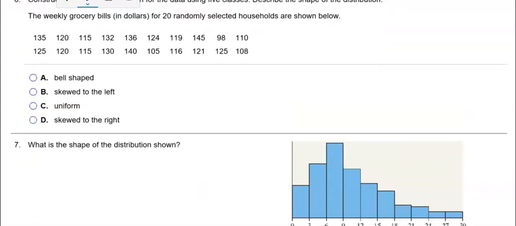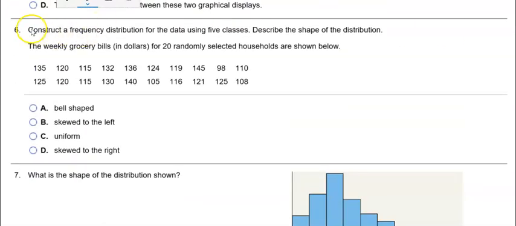Question number 6. Here you have data. We construct the frequency distribution for the data using 5 classes. Describe the shape of the distribution. So first you construct the frequency distribution and you describe its shape.